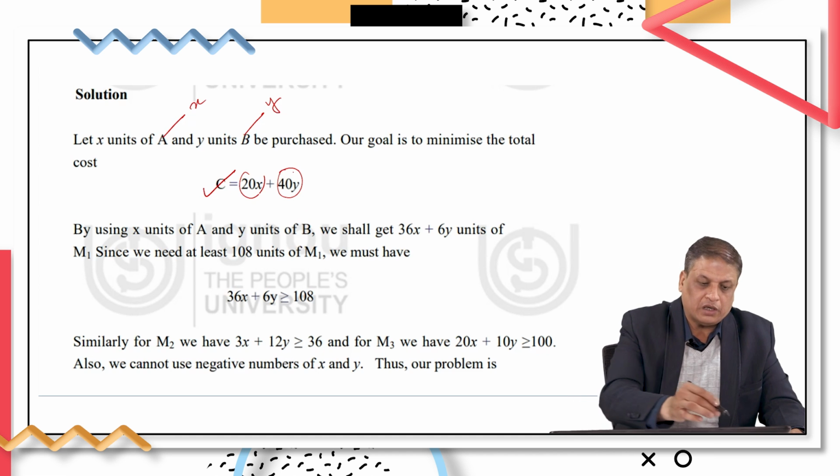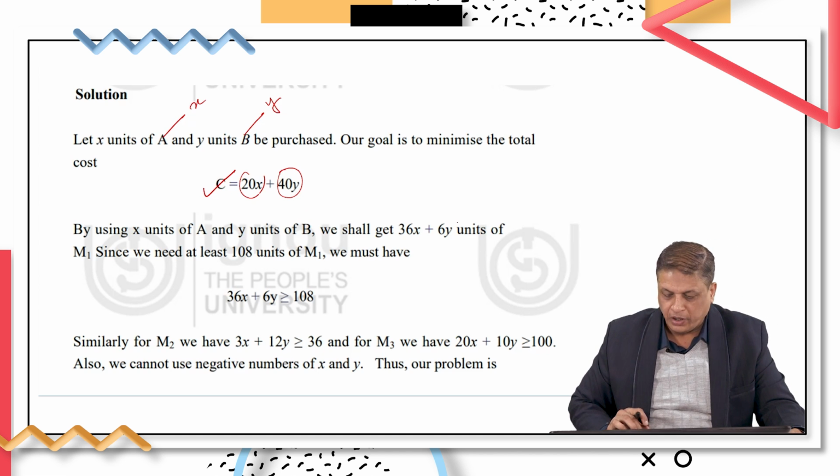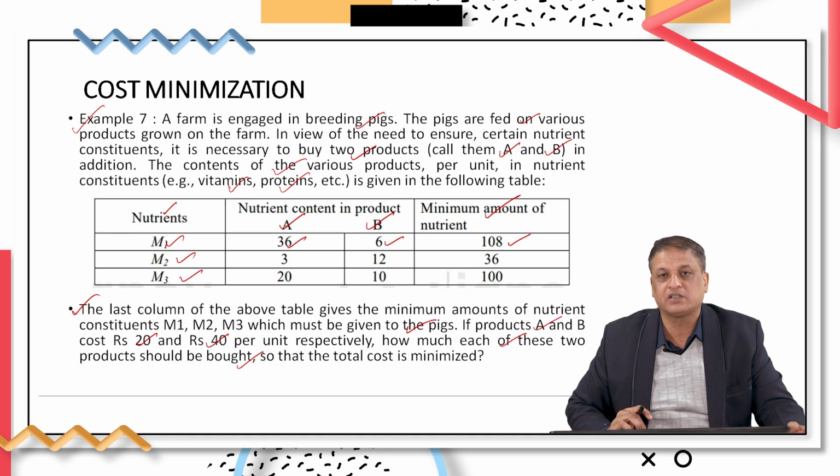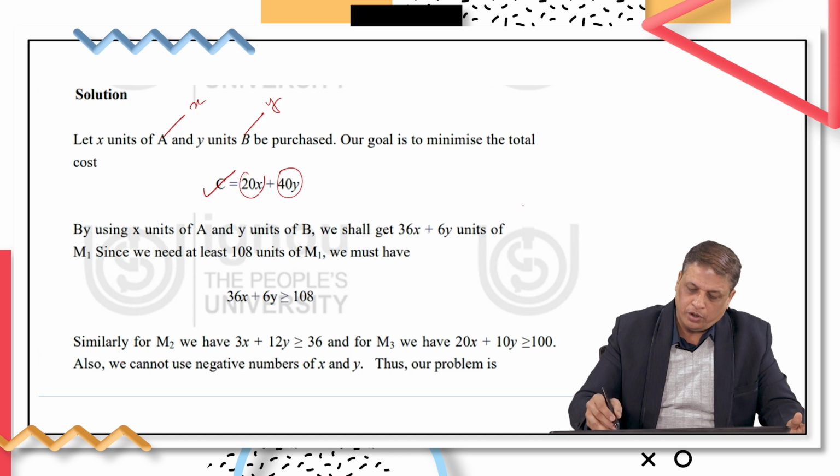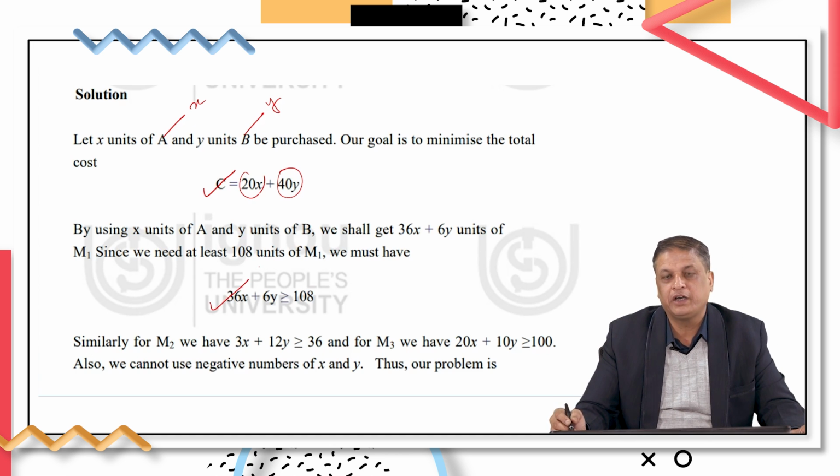Now, the constraints: looking at the table, 36 units of nutrient are in product A and 6 units of nutrient are in product B, and the minimum requirement for nutrient as per meal M1 is 108. So, this is expressed by the inequality 36x plus 6y should be greater than or equal to 108, because it is a minimum requirement.